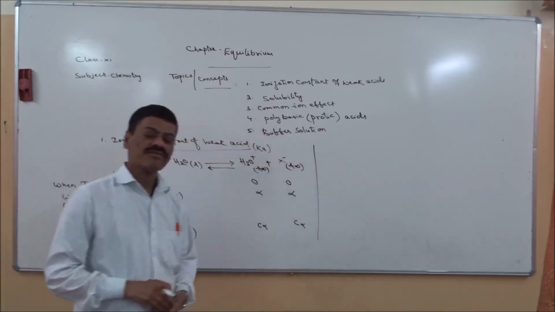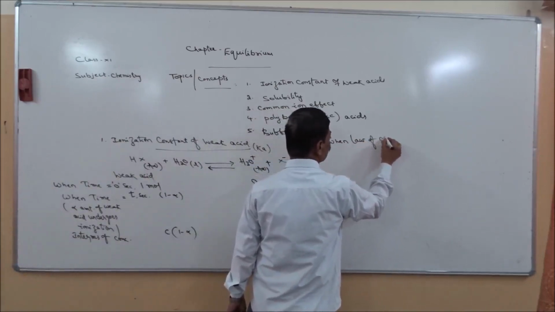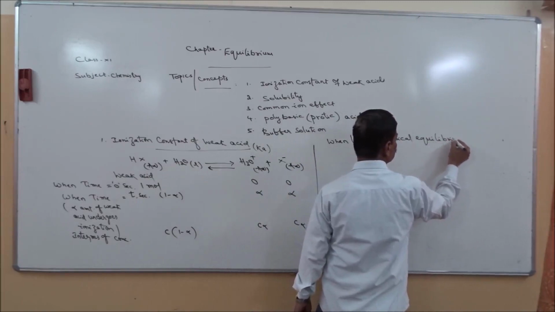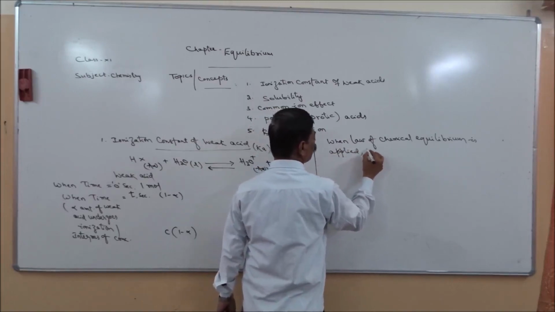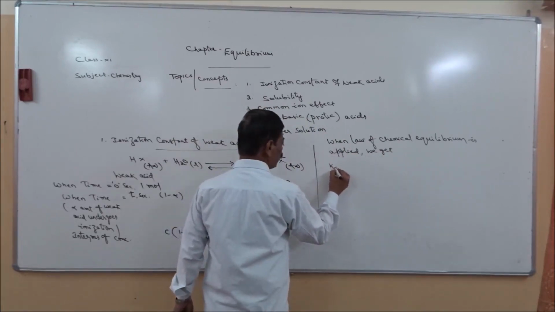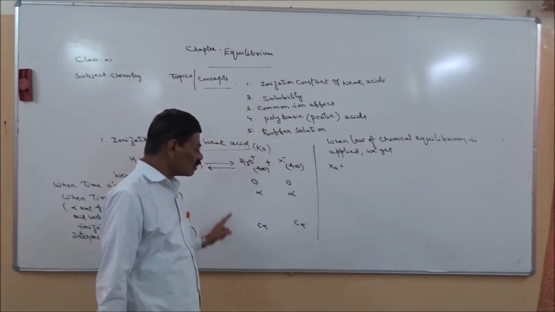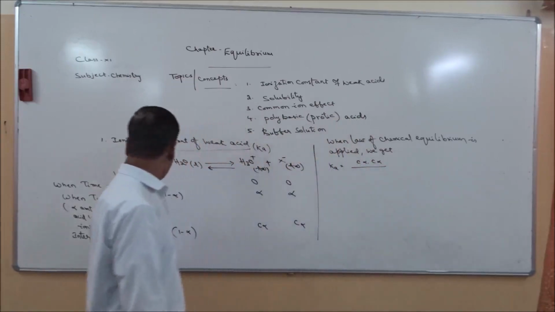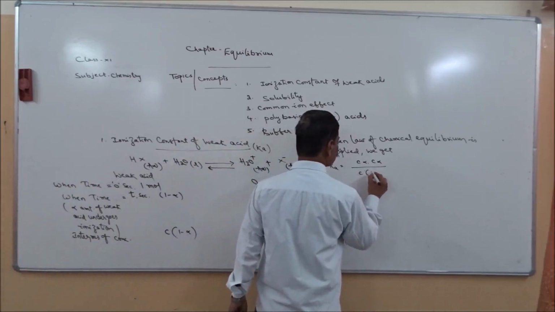Now I will apply the law of chemical equilibrium. When the law of chemical equilibrium is applied, we get Ka is equal to the product of molar concentrations of the products, C alpha into C alpha, divided by the molar concentration of the weak acid, that is C into 1 minus alpha.